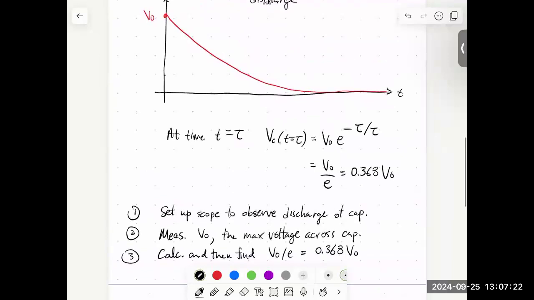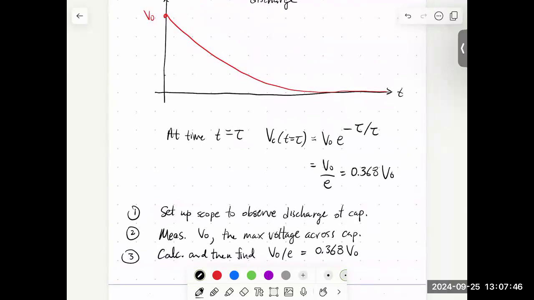So, you know, if V naught is 5 volts or something like that, then 37% of 5 volts would be, I guess it would be half of 37, whatever that is. So 18 and a half maybe. So it's something like 1.85 volts.